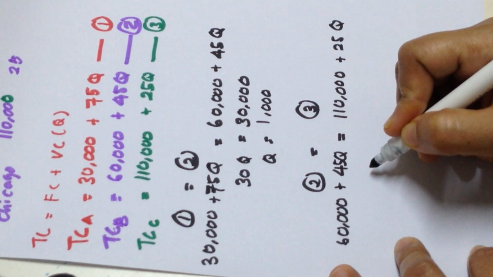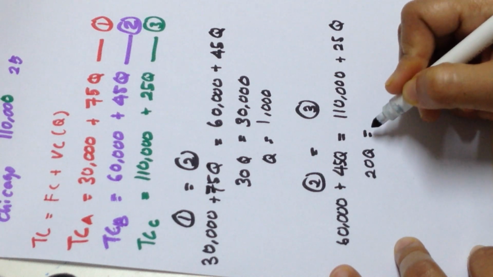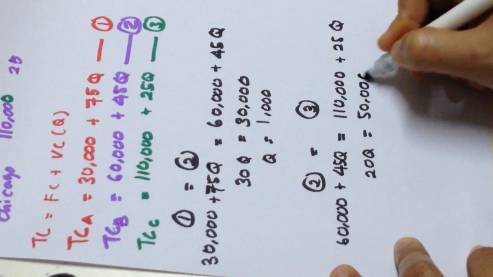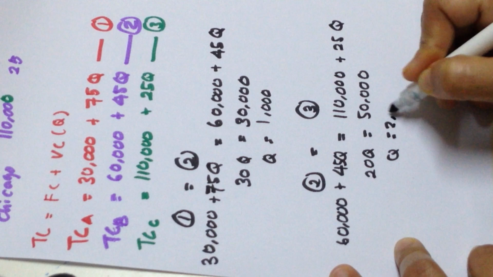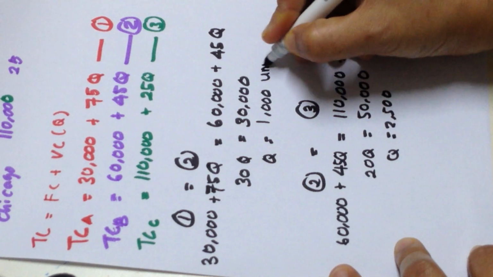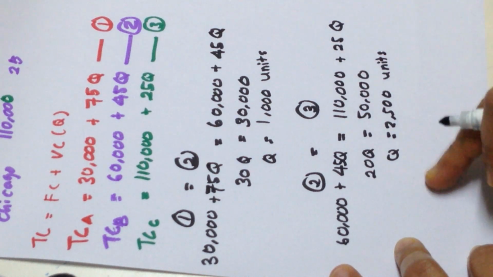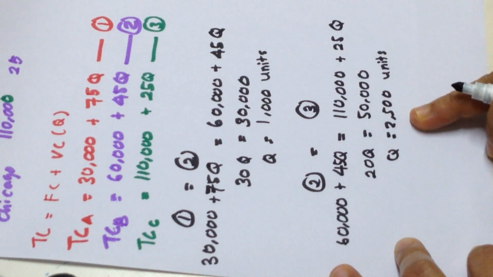So we will have here 20Q equals 50,000. So Q equals 2,500 units. Meaning that this intersection will happen between B, Bowling Green, and Chicago at 2,500 units.